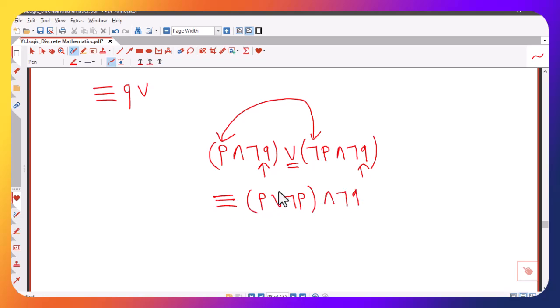Now you can again apply distributive law in reverse direction. If I apply distributive law here, then what I will write, P and negation Q, that is here, or in between negation P and negation Q. So using distributive law I can write this in this form.